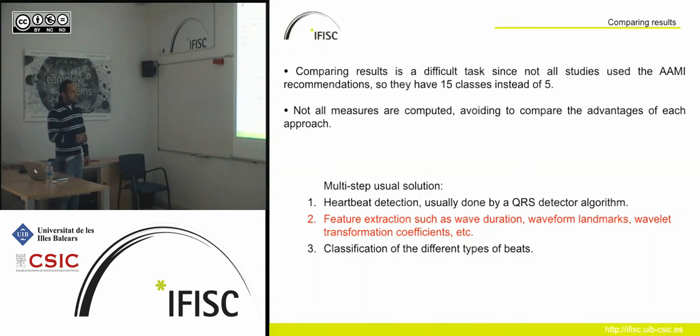And what I want to say here is that we don't use any kind of pre-processing of the signal. We take the heartbeat as it is from the machine or directly from the computer. We don't make any kind of filtering, any kind of downsampling, whatever. And the classification, in our case, is going to be done by reservoir computing.